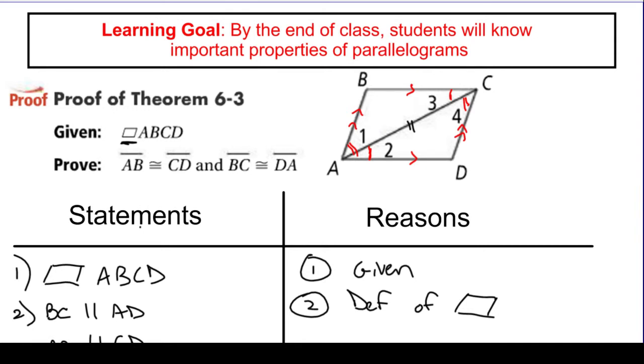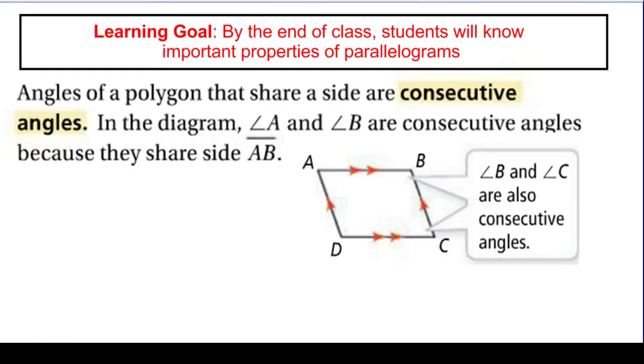We're going to do one quick problem and we are finished. Your second property, again we can prove this using parallel lines, but we're not going to do the proof, is about consecutive angles. Consecutive angles are ones that are right next to each other.